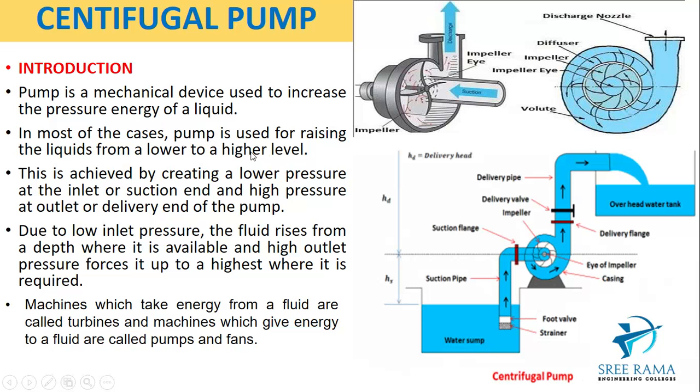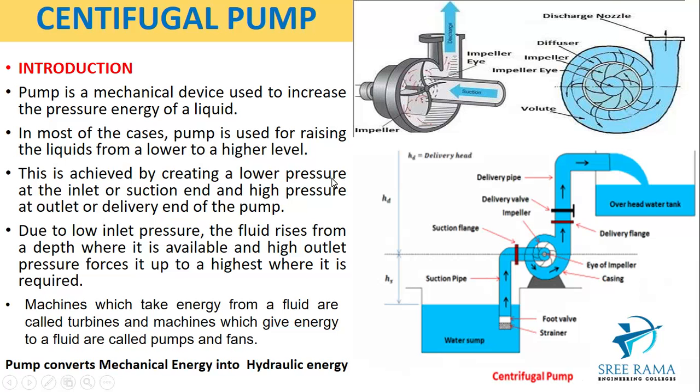So the pump utilizes mechanical energy and converts it into pressure energy. That means the pump converts the mechanical energy into the hydraulic energy of the fluid, whereas a turbine converts hydraulic energy into mechanical energy. That is the difference between a turbine and a pump.